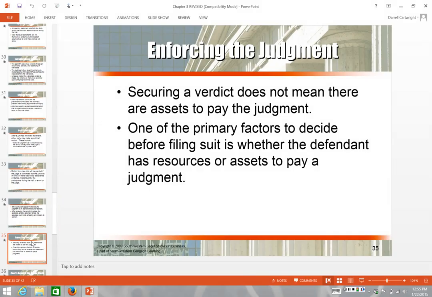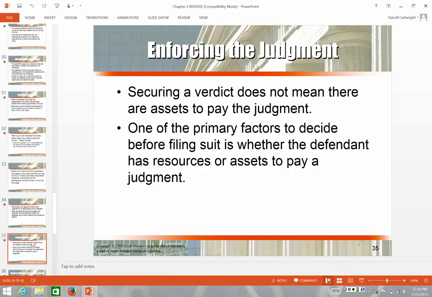It is fine and good to have a great case, in which liability is clear and maybe even the dollars involved are substantial. However, if the defendant has no money or assets to satisfy the judgment, it's not going to do you any good to pursue it, and it'll be a waste of time and resources and probably money as well.